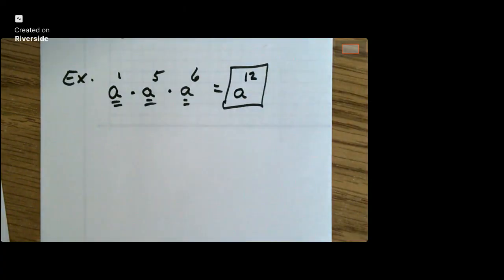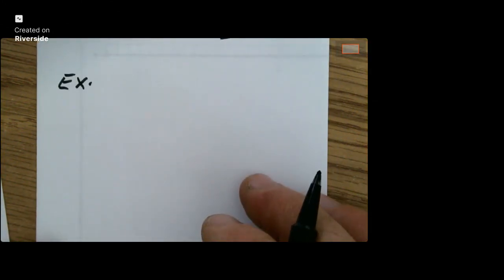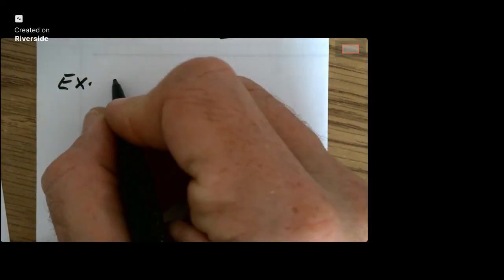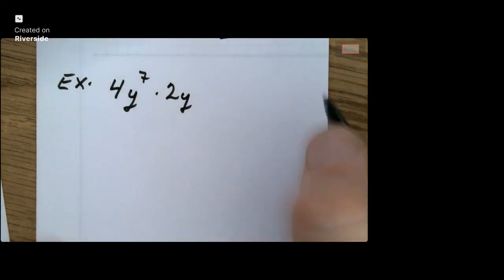There we go. Let's do one a little different. How about if we throw some constants in there? How about 4y to the 7th times 2y to the 3rd?